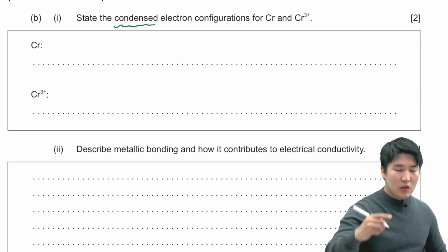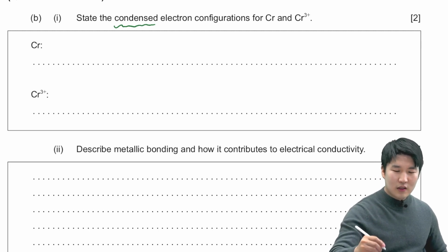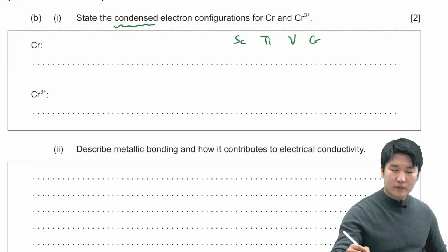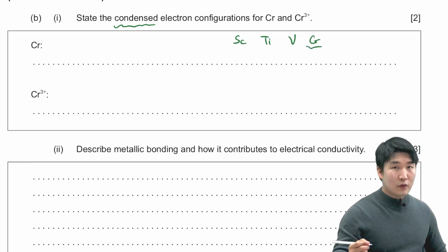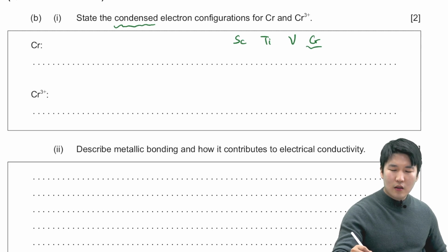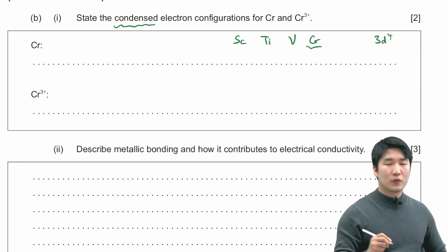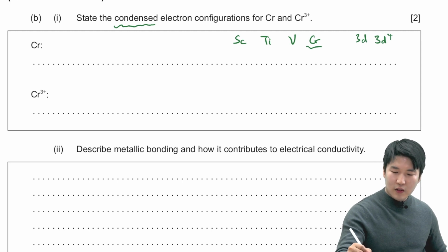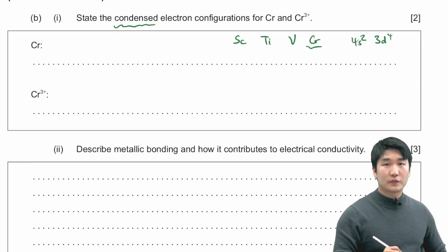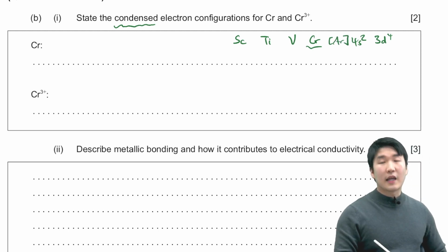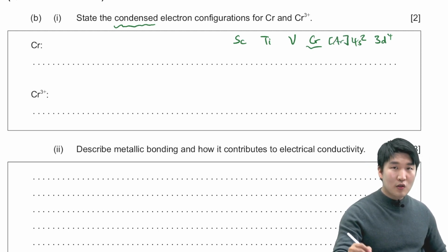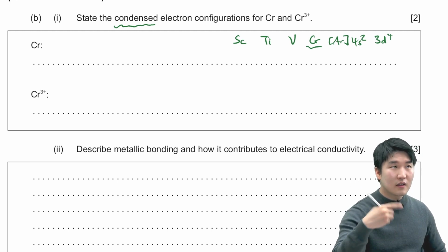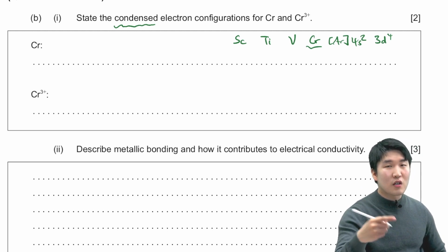So if you look at the first row of d block, it would be scandium, titanium, vanadium, and then chromium. Being the fourth one, we do expect the electron configuration to be 3d4 after having filled the 4s2 with Ar. Argon configuration will condense the preceding electron shells electrons.